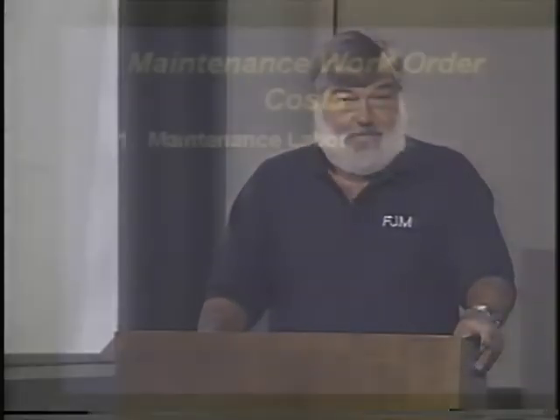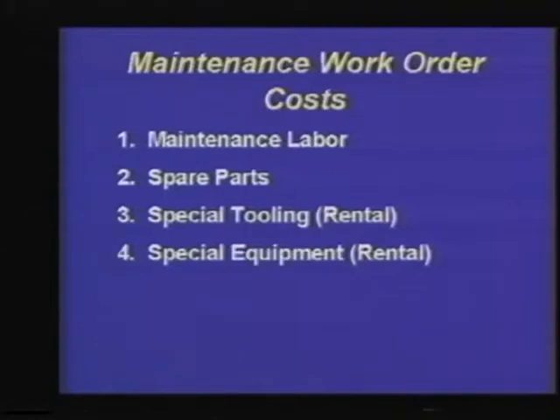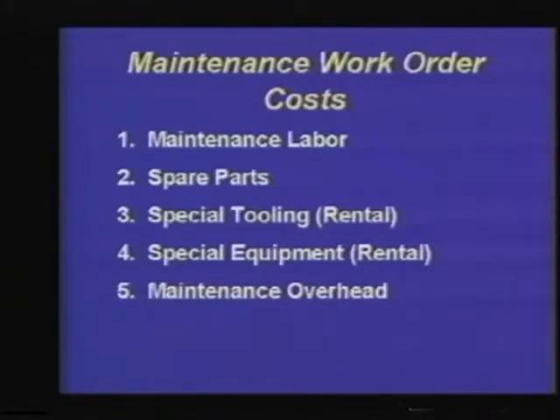Now, moving on to the next page in the maintenance work order costs, we have the cost that would include the labor, the spare parts, and any tooling or equipment that could be rented. And here we have item 5, the maintenance overhead. And if a work order was supported by contract expenses, we would show that.